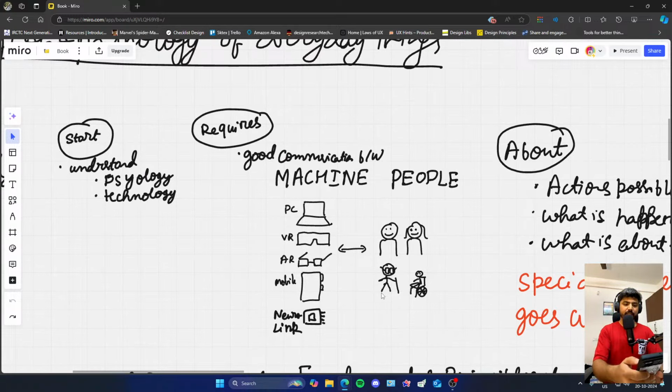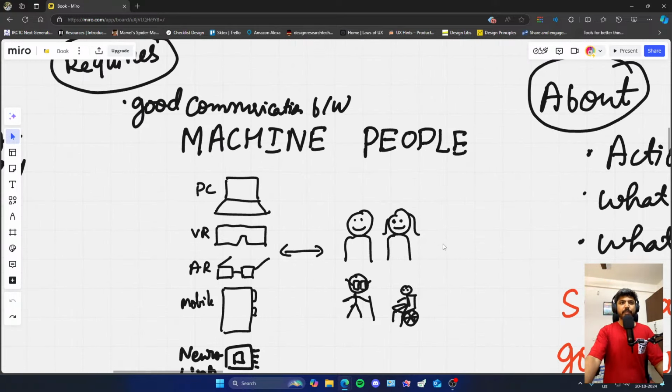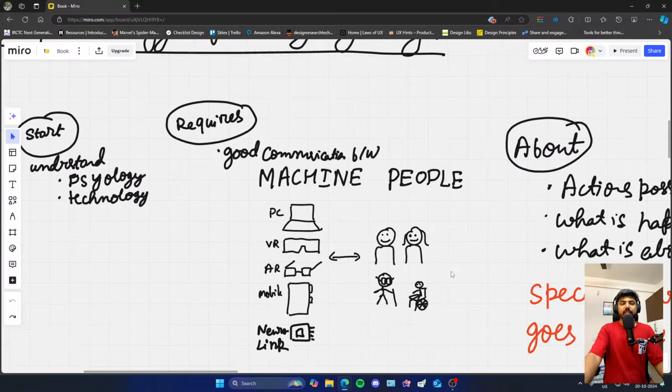The machine can be a PC, a VR headset, an AR headset, a mobile, or let's say a Neuralink in the modern day. And the people can be anyone, regardless of how capable they are, regardless of gender and any other stuff.